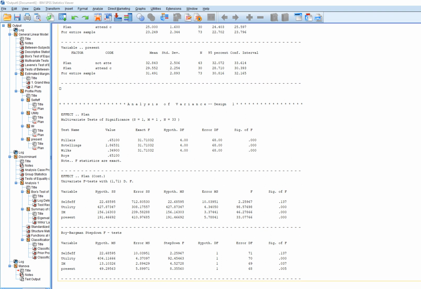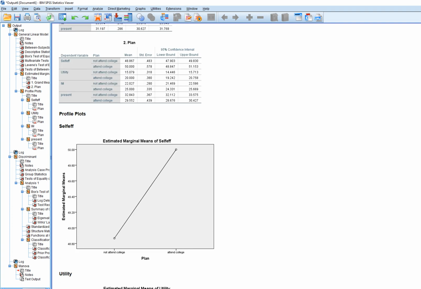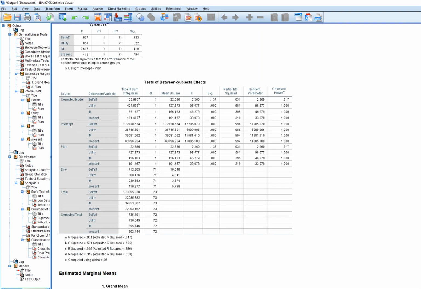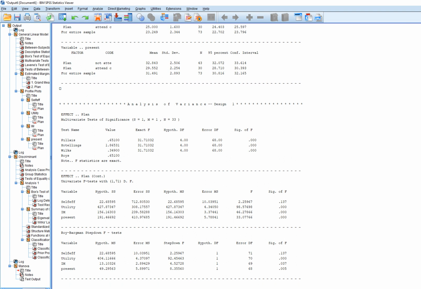When we scroll down a little bit further, you'll see these are the univariate ANOVA follow-up tests that were in the previous table for tests of between-subjects effects. So, if I scroll up here, I can just show you that is the same information that is contained in this table right here.